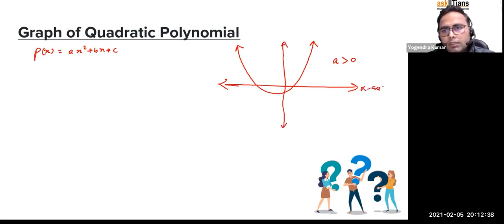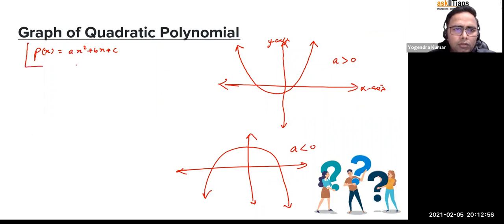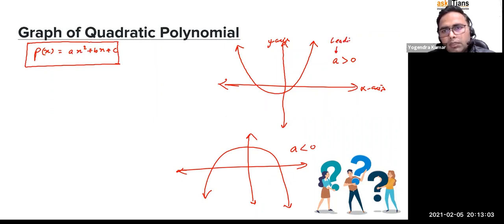This is our x-axis, y-axis, and it is going to be concave down when a is less than 0, right? Now a is what? The leading coefficient. You have to remember it. So only the leading coefficient plays a role in deciding whether it is concave up or concave down, meaning it is U shape or down U shape, right?